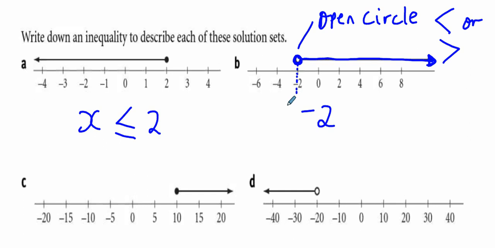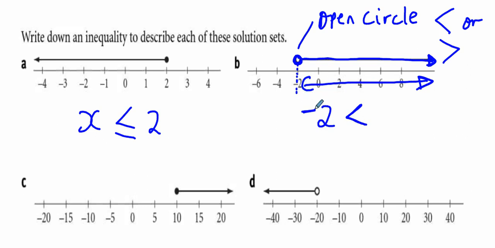So what does it imply? It means that -2 is less than all these numbers you see here. If you consider, 0 is bigger than -2, 2 is bigger than -2, 4 is bigger than -2, 8 is bigger than -2.